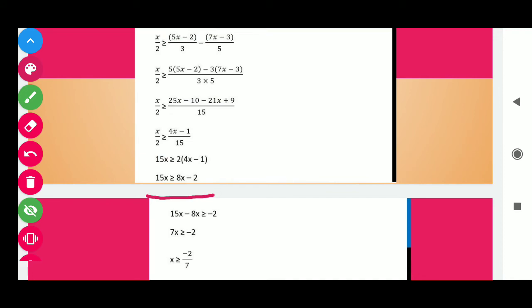Now move the variable to the left hand side and keep the constant in the right hand side. In this way we get x greater than or equal to minus 2 over 7.